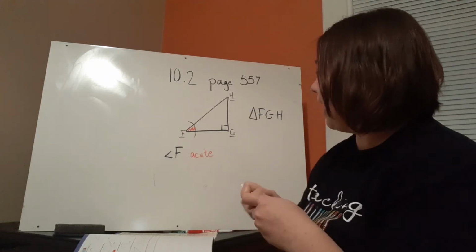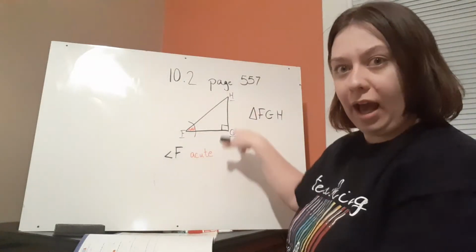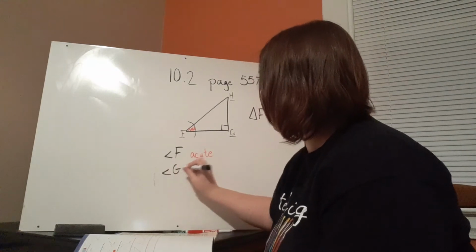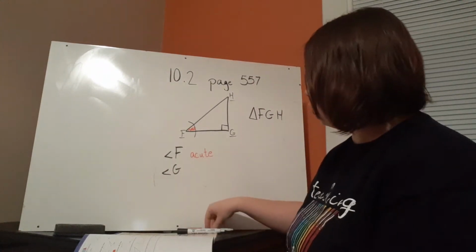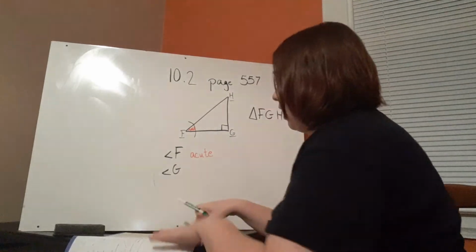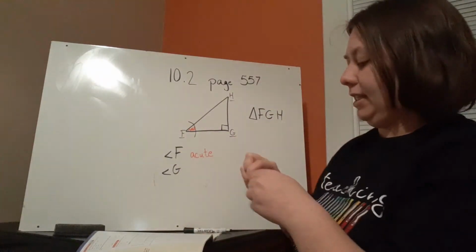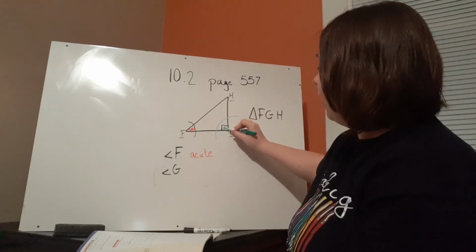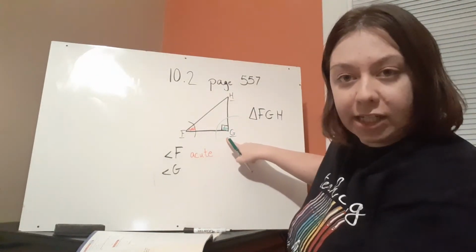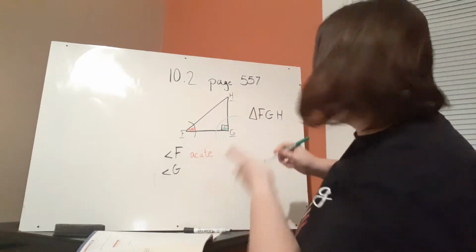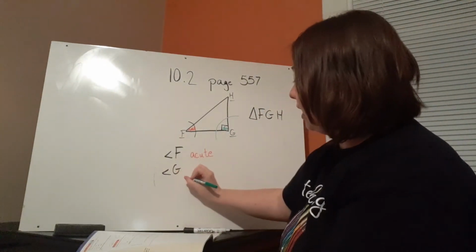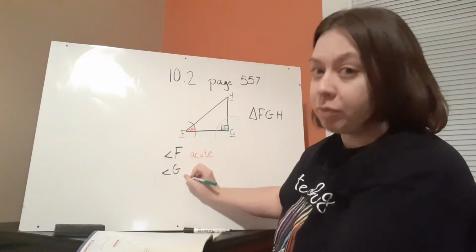If I go now, I'm going to stick in order, alphabetical order. Now I'm going to look at angle G. So again, angle G, I am looking at the vertex by that letter. So this is my G. I've been given my answer. I have the clue. I have that square corner there. So automatically I should know that angle G is a right angle.